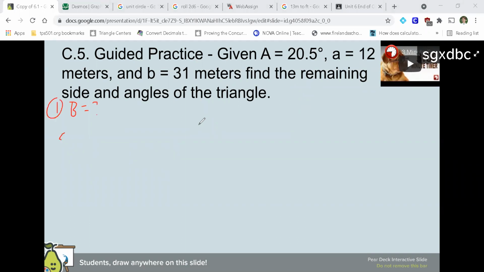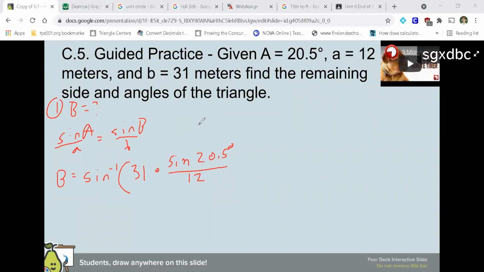Okay, so I'm going to do sine of A over A equals sine of B over B, which means B is the sine inverse of 31 times sine 20.5 degrees over 12. Right? Because we're going to multiply by b and take the sine inverse.